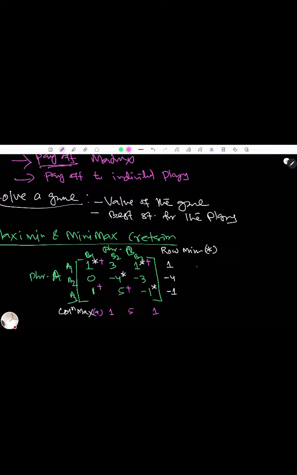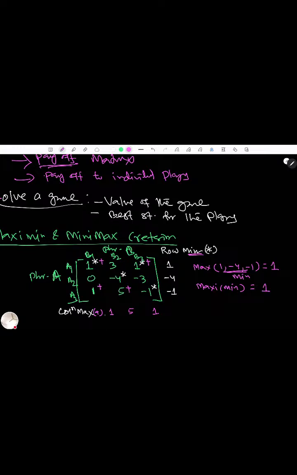Now I find the maximin value: the maximum of these three minima, 1, minus 4 and minus 1. So the maximin value is 1 here.